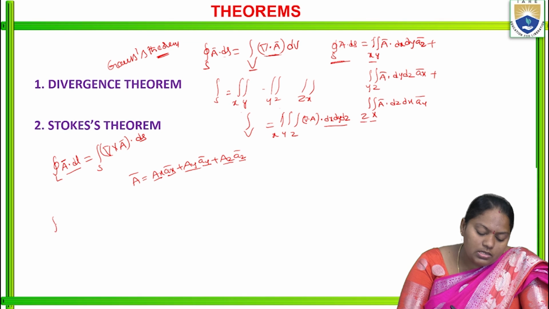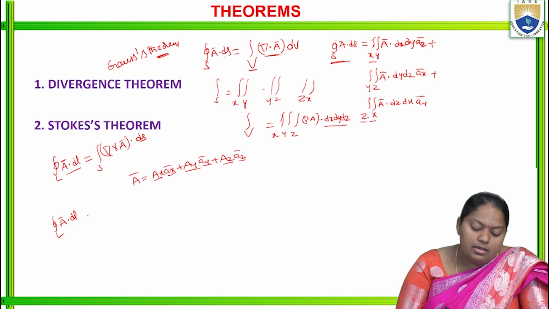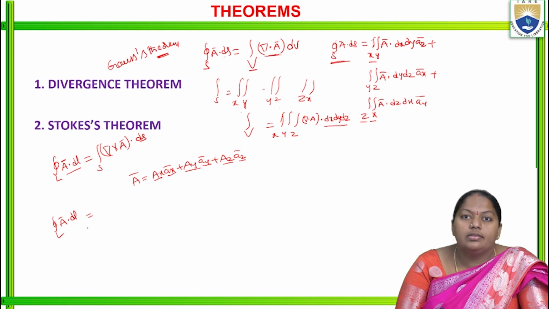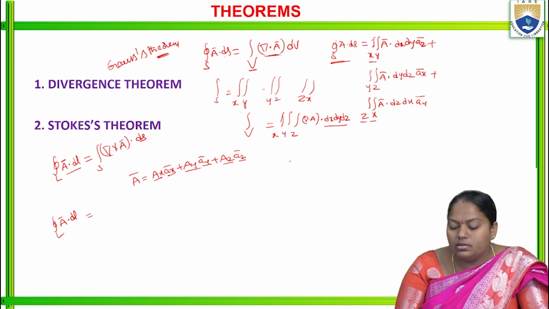Now, if you expand the integral L A dot dl, suppose you want to evaluate the closed line integral, then the path goes A to B, B to C, C to D. A to B direction is like this.